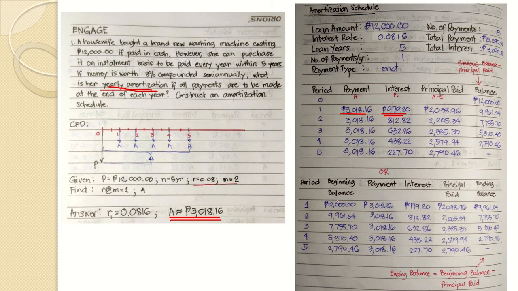This is the beginning of the first year. This is the beginning of the second year. This is the end of the first year. You can see the beginning and the end are the same: the end of the first year is equal to the beginning of the second year, as in the cash flow diagram. You have the payment and so on. Again, you have to show your solutions or calculations.